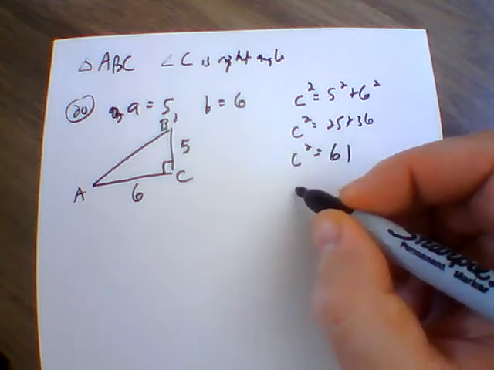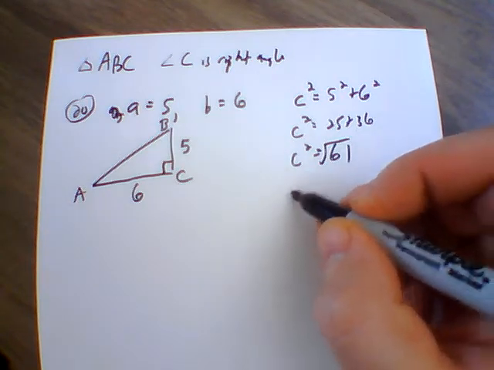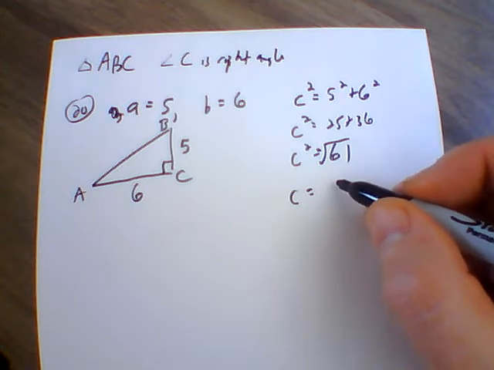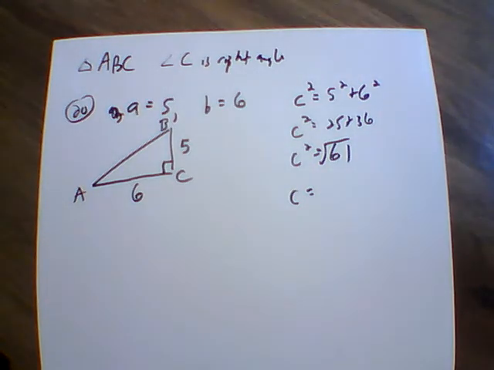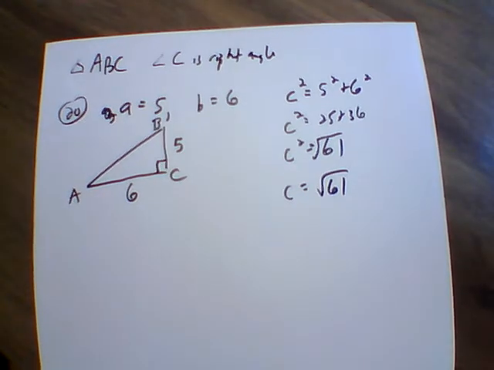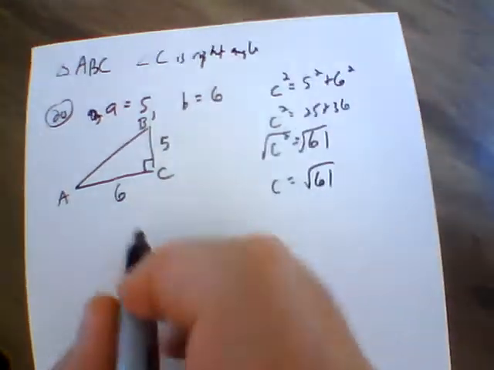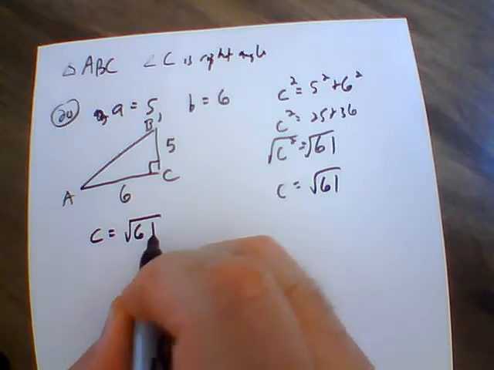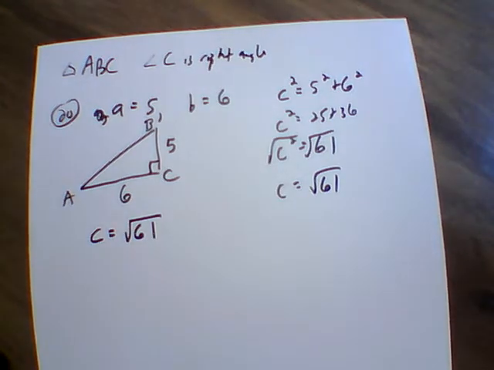And then we take the square root. The square root of 61, 9 times 7 is 63, so it's not a perfect square, so the square root of 61. There we go, nice and easily done here. So we see that side C equals the square root of 61.